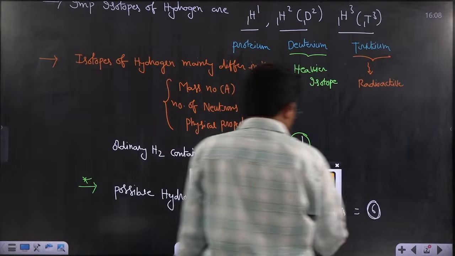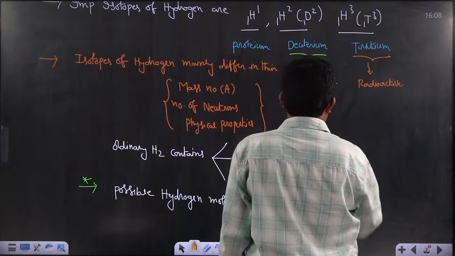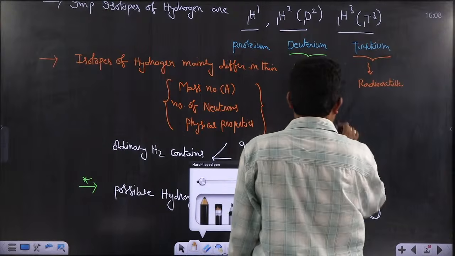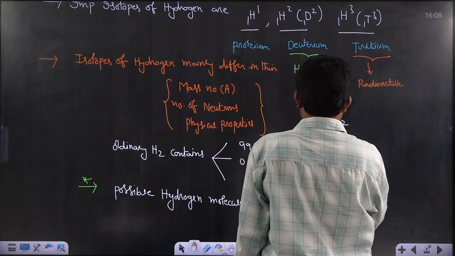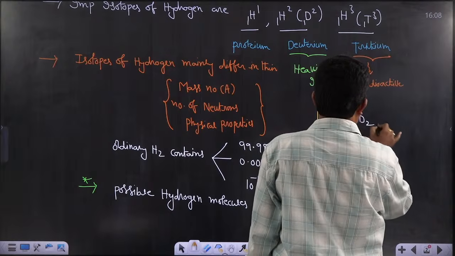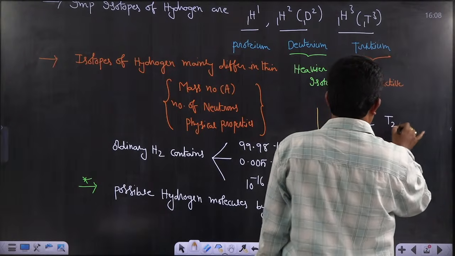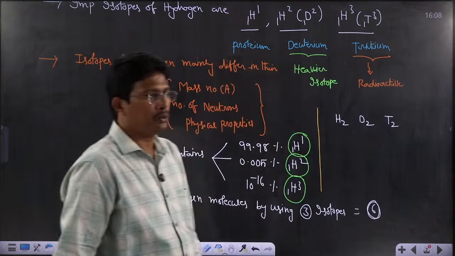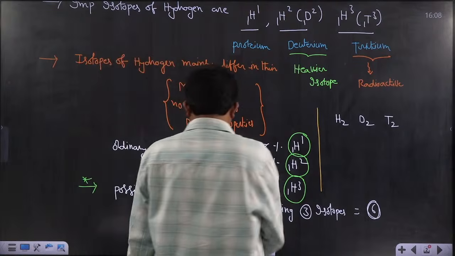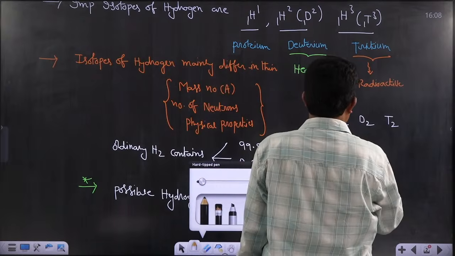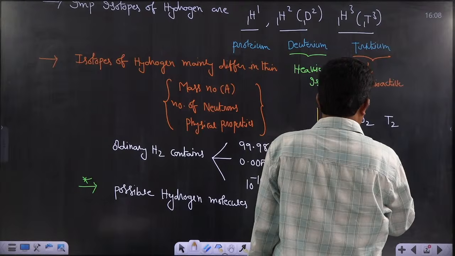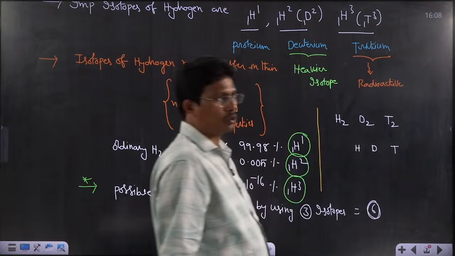How to write these 6 molecules? Ordinary hydrogen means H2. Heavy hydrogen means D2, deuterium. T2, the radioactive isotope. These are the three isotopes.